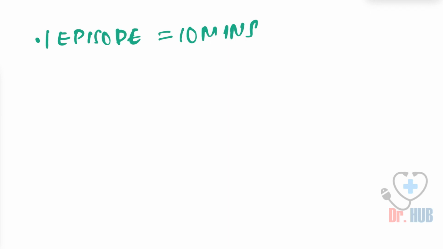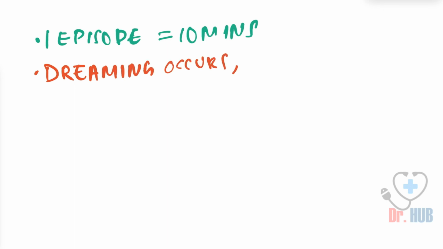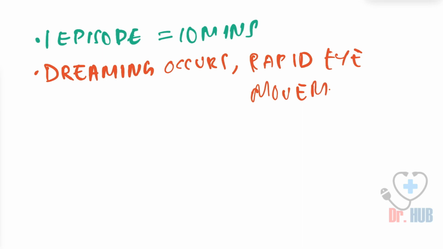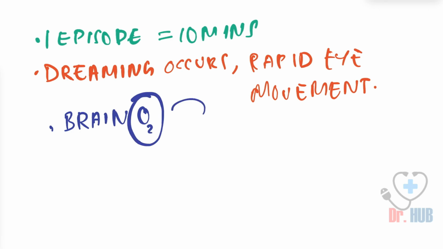And dreaming occurs along with the rapid eye movement. So rapid eye movement is also present here. There is an increase in brain oxygen consumption.